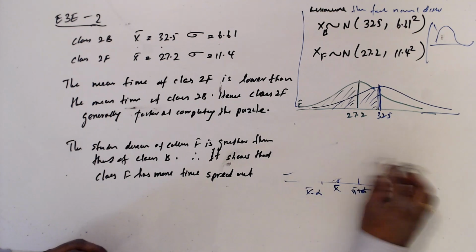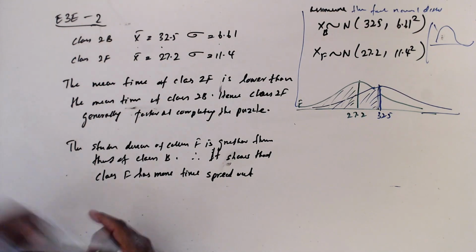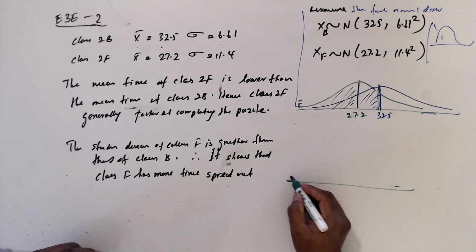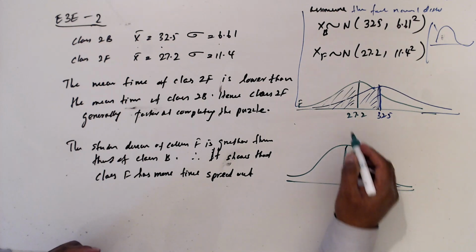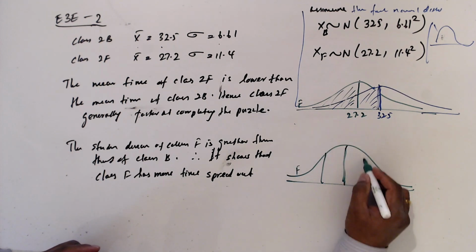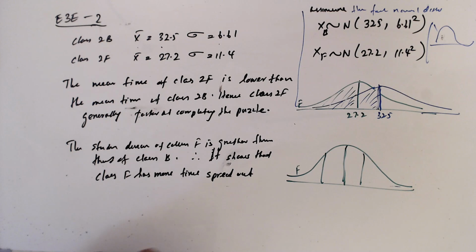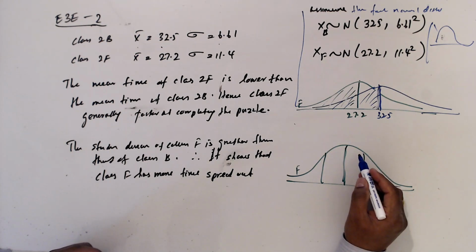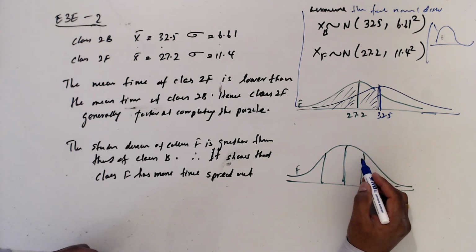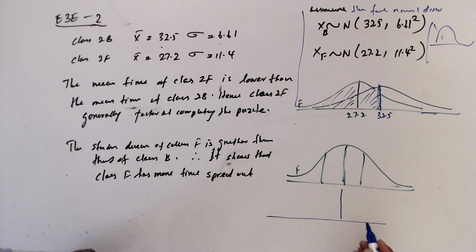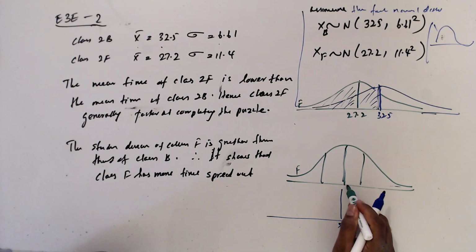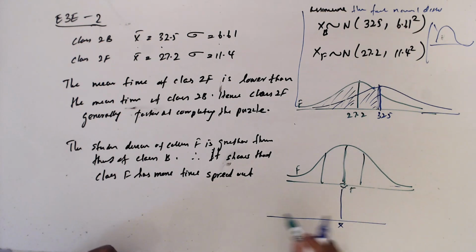Okay, let me turn to the green. This is with the green. So this is for F, because more data within an x bar somewhere here. Okay, I will bring the x bar one in a different color. So this is x bar for class F, and it has more spread out.